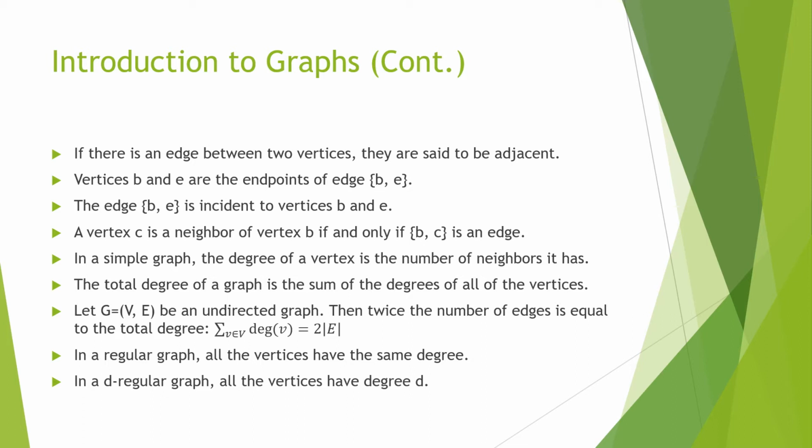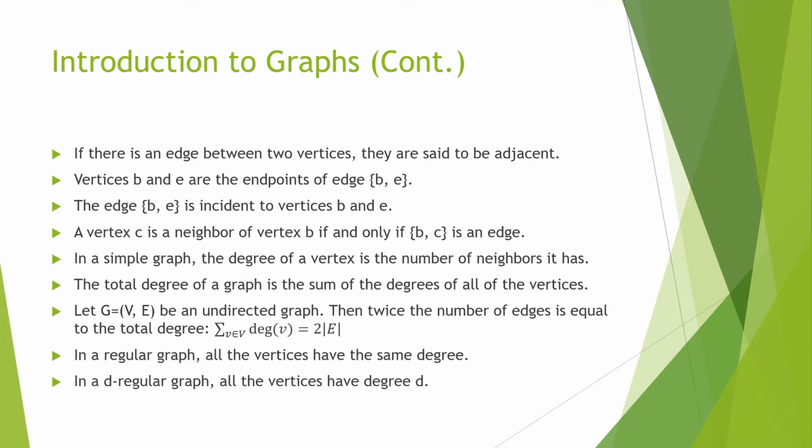The next terminology that we introduce in this lecture is regular graphs. When we say a graph is regular, we mean all the vertices have the same degree. Then we define a d-regular graph.